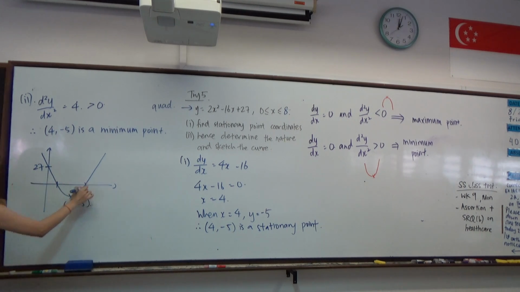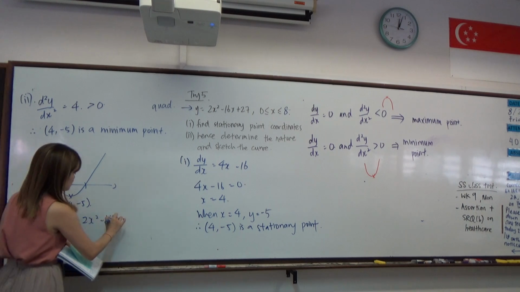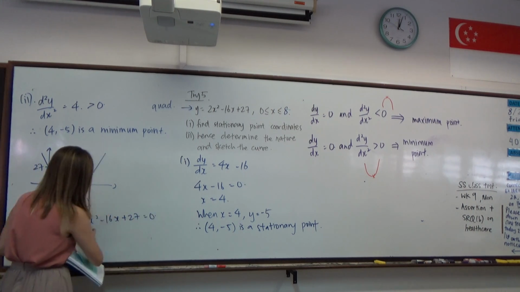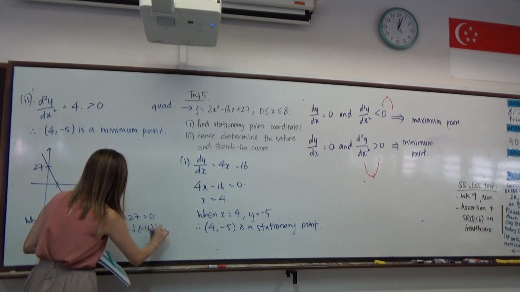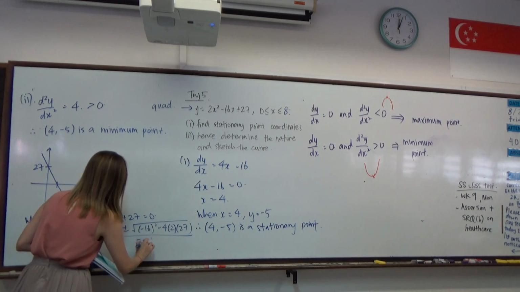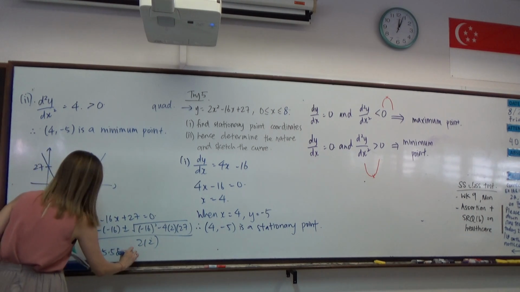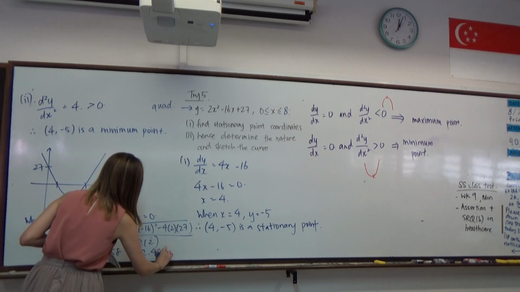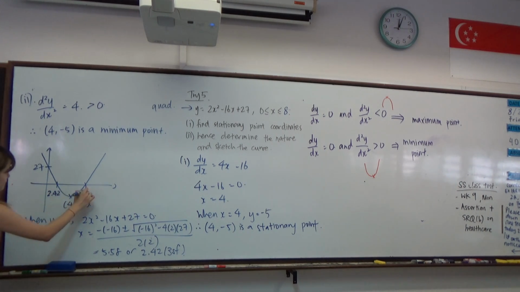Then you need to identify your x-intercepts. Using your quadratic formula, you get two values, 2.42 and 5.58.